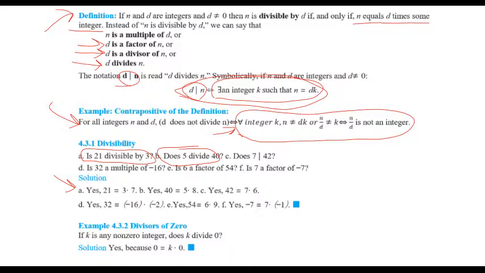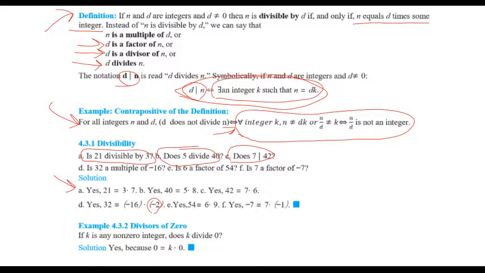In part C, we are asked to see if 7 divides 42, and yes, because 42 is 7 times 6. Then, is 32 a multiple of negative 16? Yes, because 32 is negative 16 times negative 2. So k in this example is negative 2. So obviously k can be positive or negative.